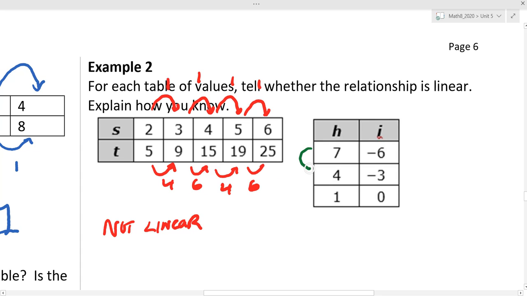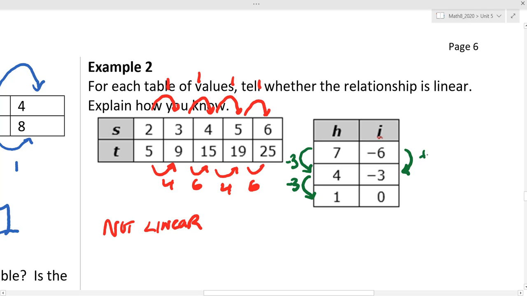The next one. Going from here to here, what happened? -3. It doesn't always have to be positive. It can be subtracting. From here to here, is it still -3? Yes. Going in this direction, how did it change? From -6 to -3, you added 3.